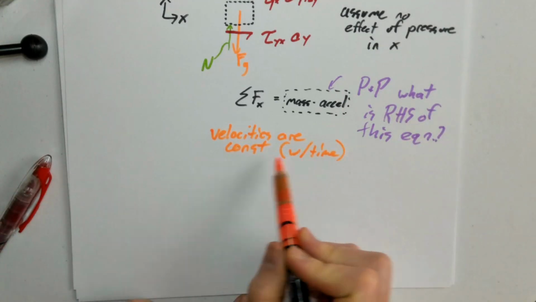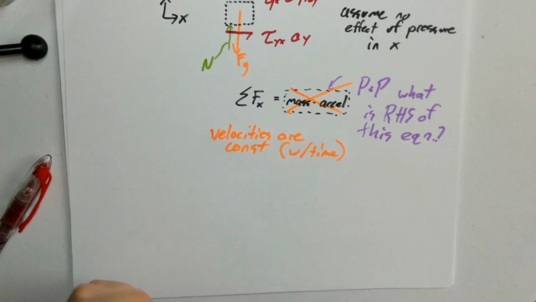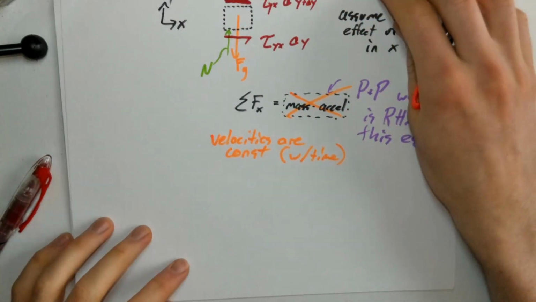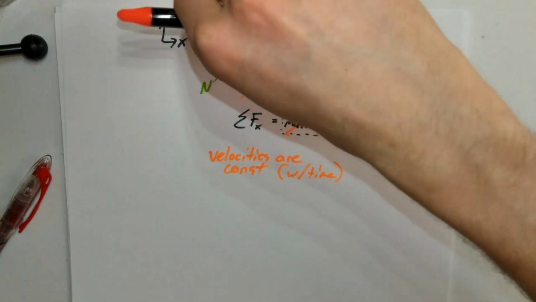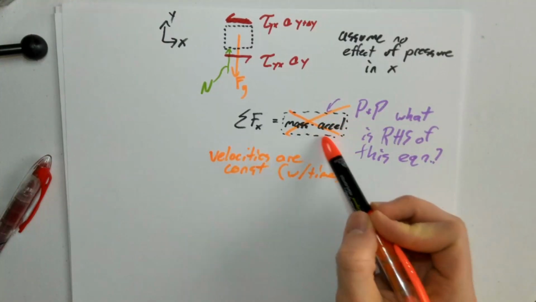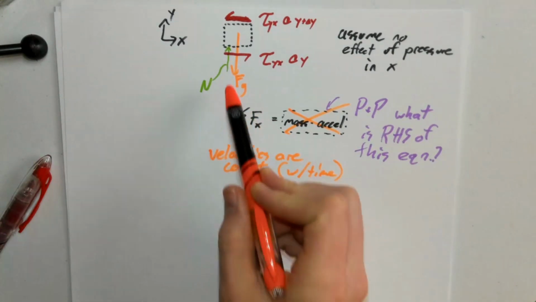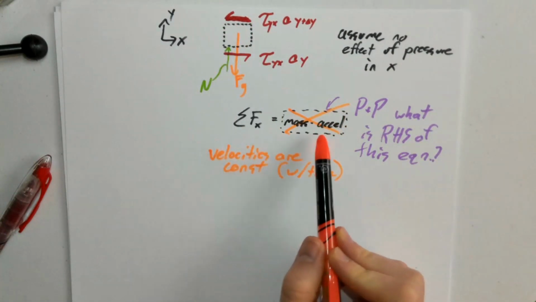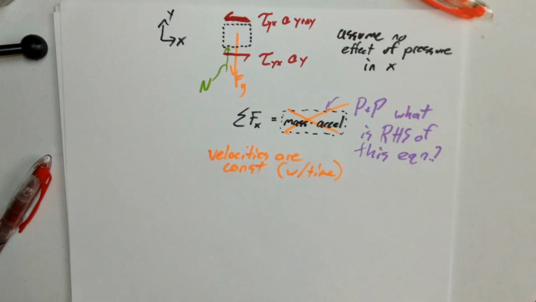If velocities are constant with time in this system, then this little chunk of fluid, if we treat it like a mass, is just trucking along at constant velocity, so there's no acceleration. So what does this mean? If we sum forces on this little chunk of fluid, then it should be equal to 0.